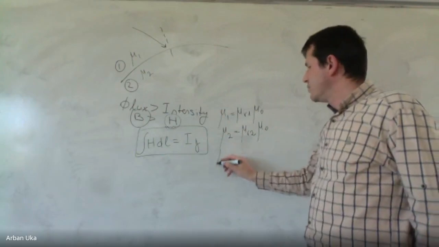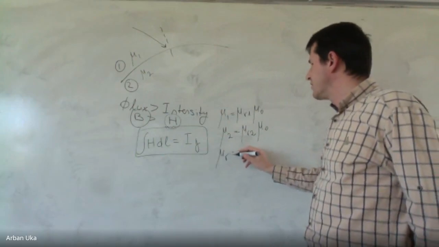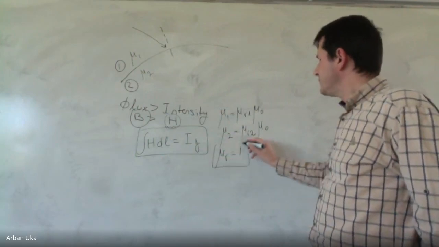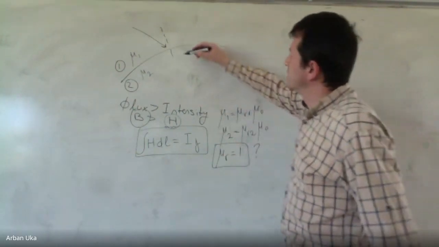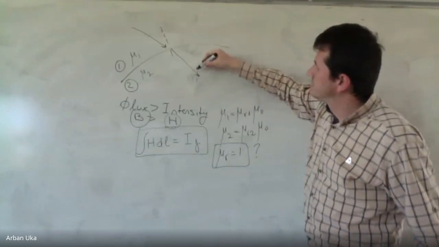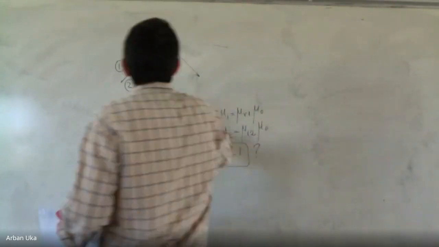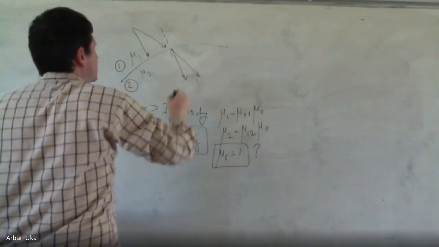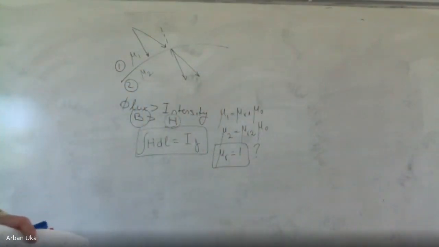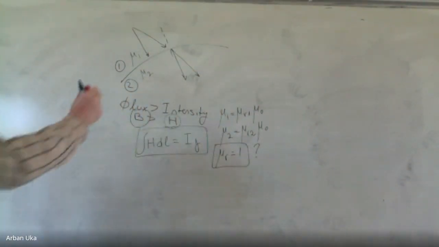Now, what can you say if a material has a relative permeability of 1? What is this material? Any possible answer?